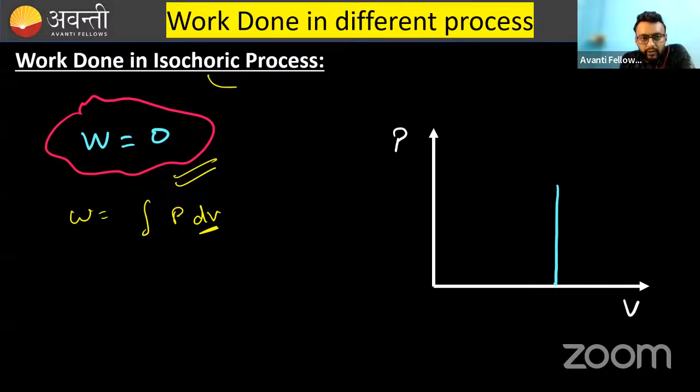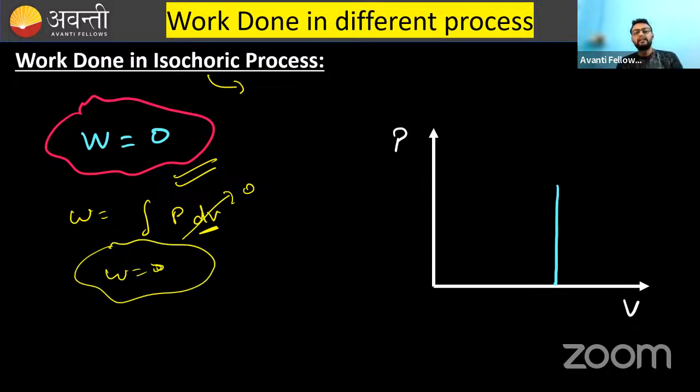And isochoric process says there is no change in volume. Volume remains constant. That means dV is zero. So work done is zero. And you should remember this. The representation of isochoric process on a PV curve is like that.